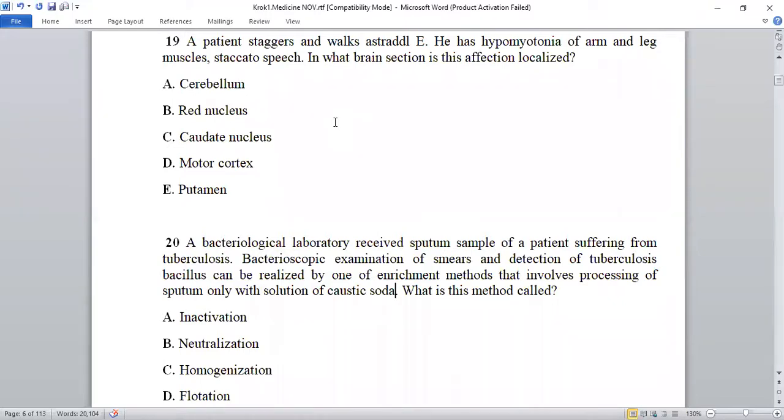Even when you are writing, some sort of ballistic movement occurs. So it's the cerebellum which helps you in achieving such coordinated activities, okay?